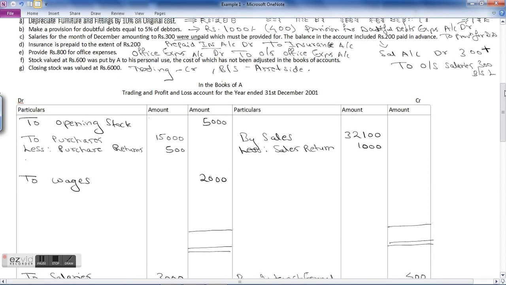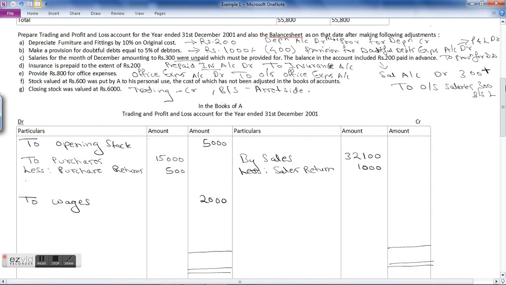is stock valued at rupees 600 which was put to his personal use, the cost of which has not been adjusted in the books of account. So what A has done is, whatever stock of rupees 600 valued, that is, at the cost of rupees 600, it was used by A for his personal use.